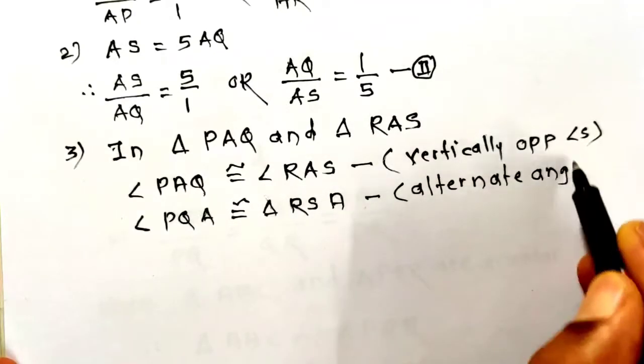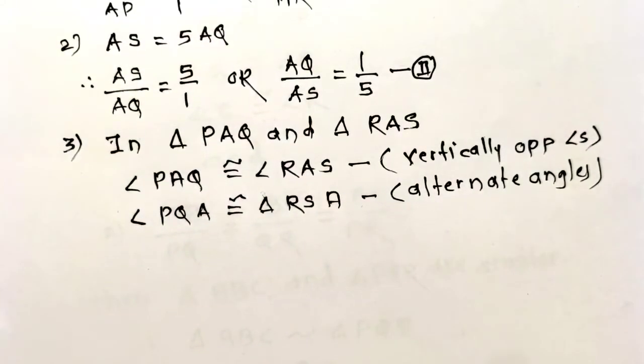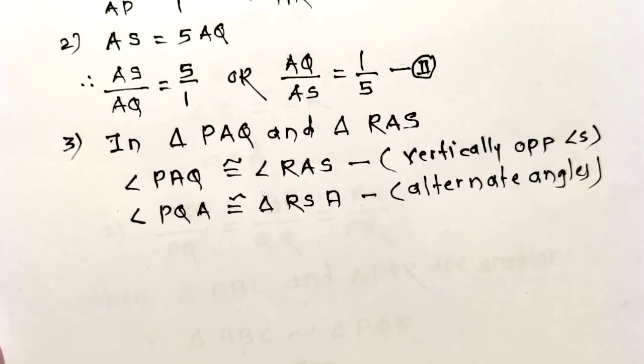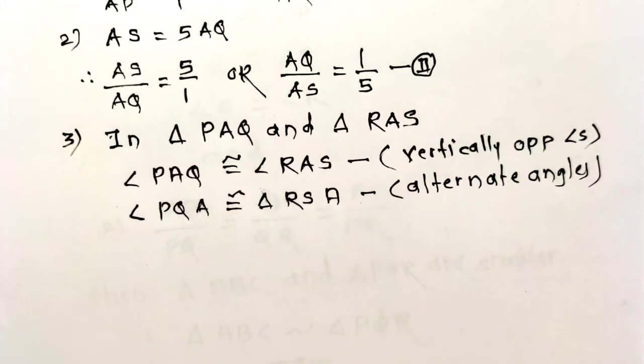So for this, you must know the properties of parallel lines that we studied in 9th standard. So revise those properties when you have the time, they are very important. Properties of parallel lines: alternate angle test, corresponding angle test, interior angle test.